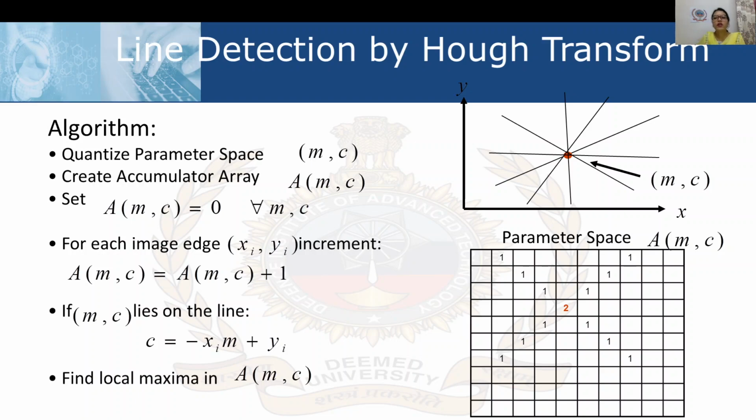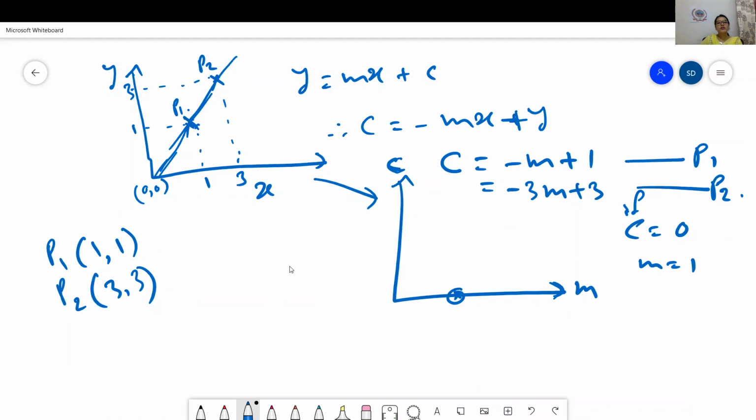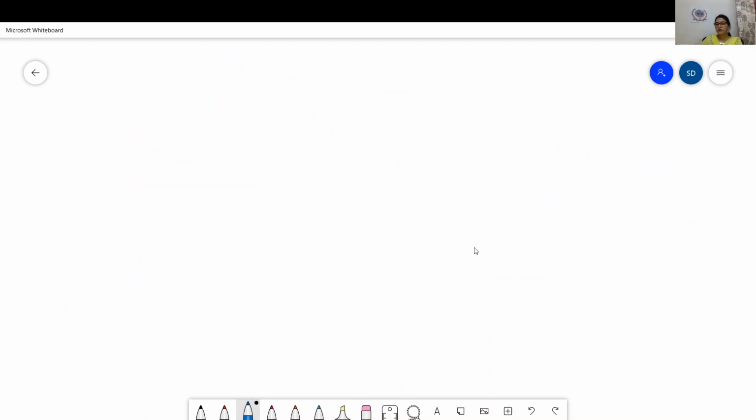So first, we quantize the parameter space, that is m and c. Quantize means we will have discrete levels of m and c. m will range from some minimum value m min to m max in a discrete domain.